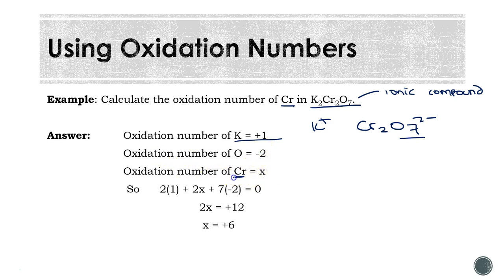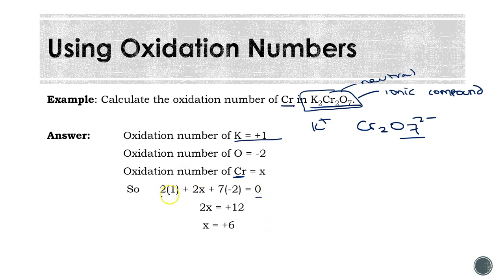The oxidation number of chromium, however, this is not chromium solid, this is chromium in a compound, so we're going to have to calculate it. So we give it X. Okay, good old algebra, we're going to call it X. So now we can write an expression for this. Because the overall compound is neutral, then my expression is going to be equal to 0.